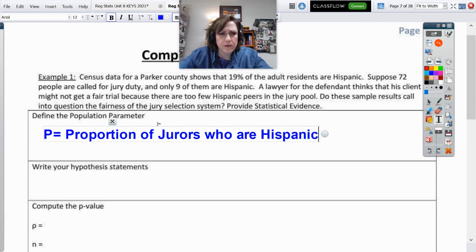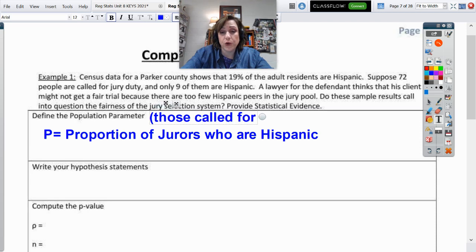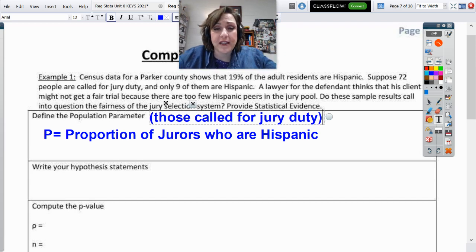And by jurors, I guess what I should really say are those called for jury duty, because I don't think they pick all 72. They call in 72 people, and then from that, they might just pick 12 or whatever. Okay. So P is the proportion of those who get called in for jury duty who are Hispanic.